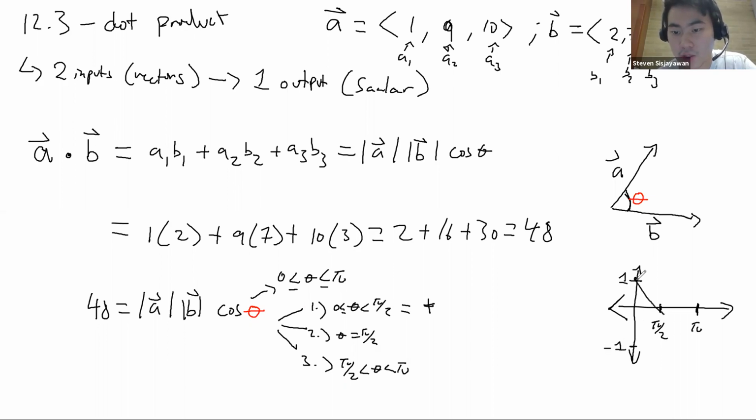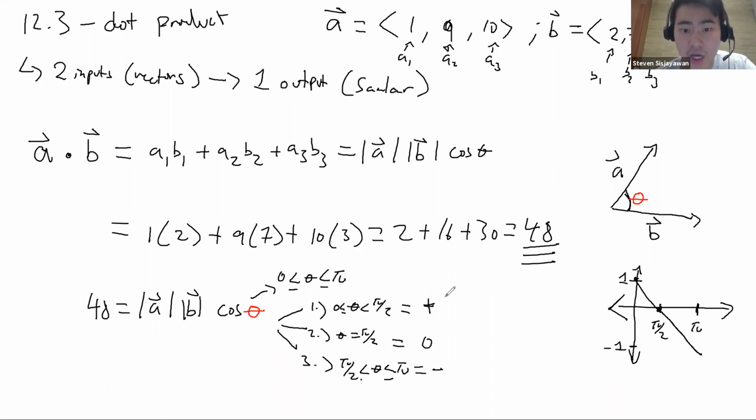So it's going to look something like that. From 0 to pi over 2 it's a positive value. At pi over 2 it's 0. And between pi over 2 and pi, it's a negative value.